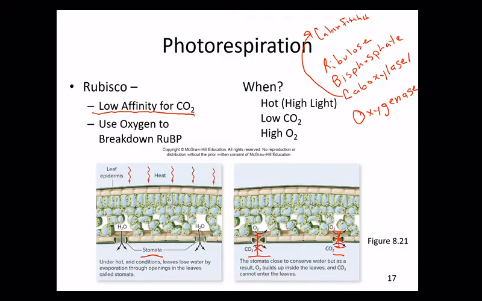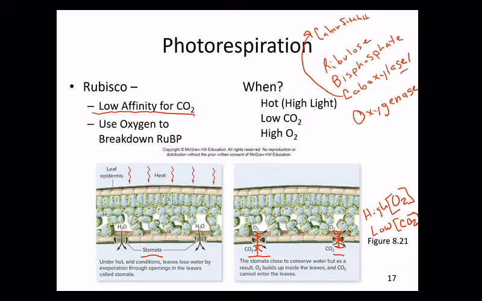And so inside the cell, or inside the leaf, we see a high concentration of O2, okay, and we have a low concentration of CO2. And so as long as the stomata are closed, no gas exchange is occurring, which means the oxygen is building up and the carbon dioxide is becoming low. And this is where Rubisco is going to shift.